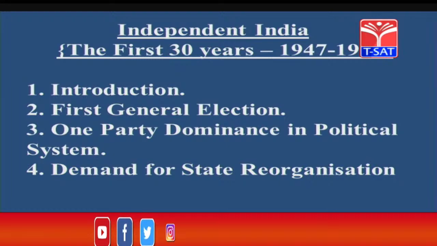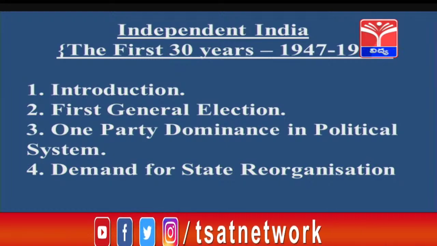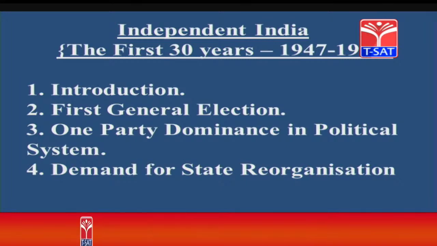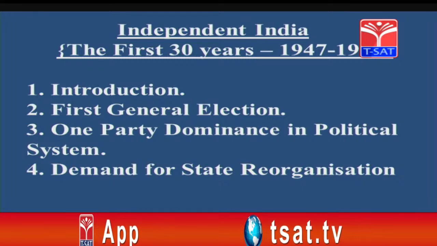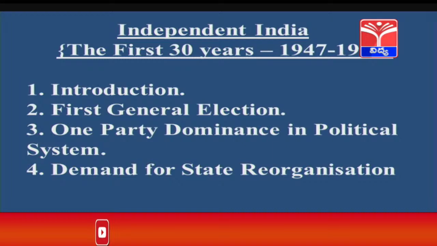Let us see what we are going to learn in this part 1 lesson. In this lesson, we will be learning about the introduction: how India was during the early years of our independence, what the condition was, what challenges we had and what problems we had to overcome.